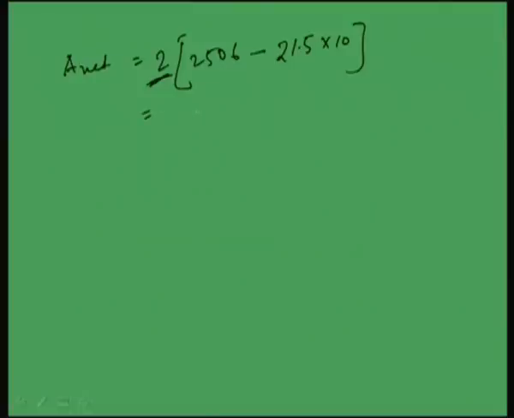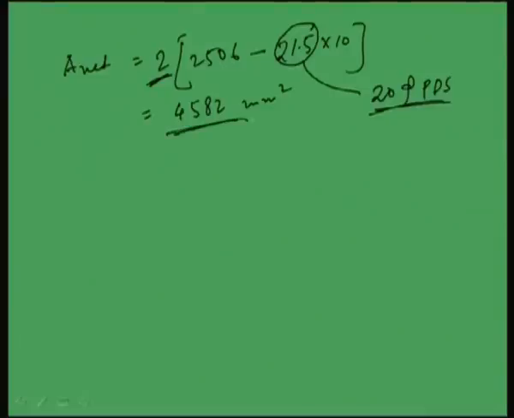So this is becoming 4582 millimeter square. This 21.5 is the gross hole diameter using 25 power driven shop rivet. Let us use 25 power driven shop rivet, then the gross diameter will become 21.5 millimeter, right. So the area is becoming 4582 millimeter square, right.